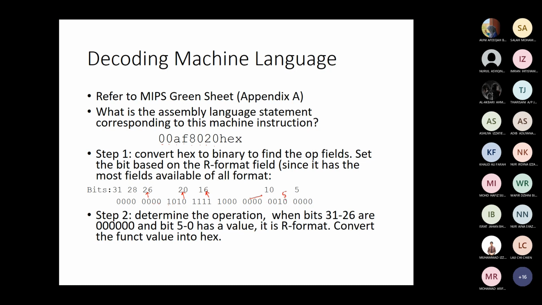So 5 should be here. Now determine the operation. When I rearrange it in 4 bits, I divide it into the fields of R format. We start with the 6-bit opcode, then 5 bits, another 5 bits, another 5 bits, another 5 bits, and then 6 bits.